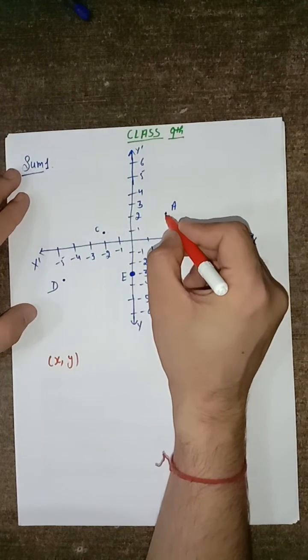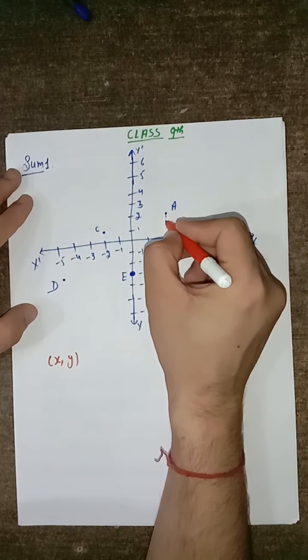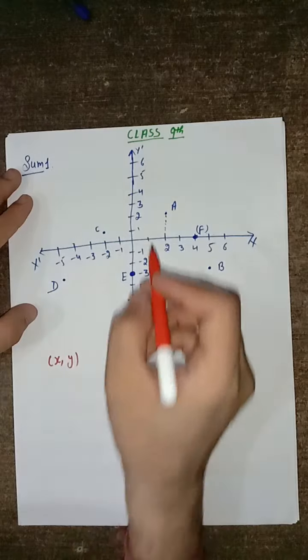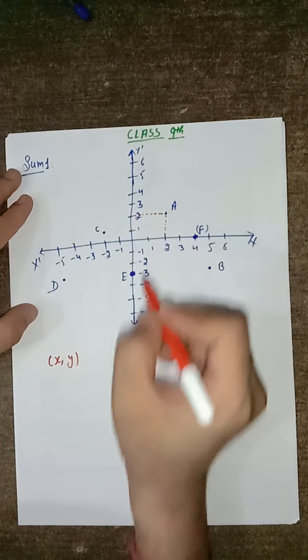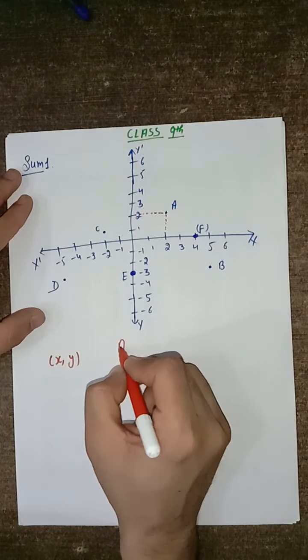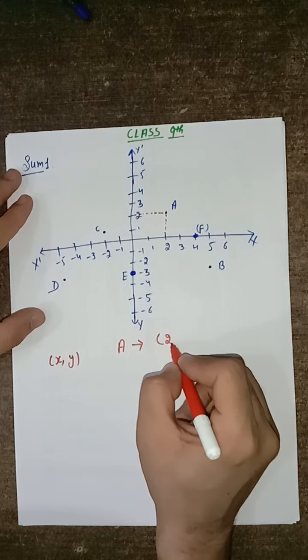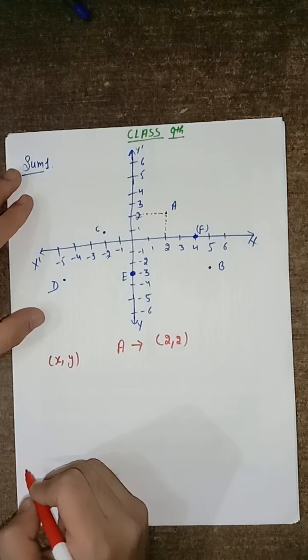Now here x coordinate is 2. For A, my x coordinate is 2 and y coordinate is also 2. So for A, my coordinate will be 2, 2.